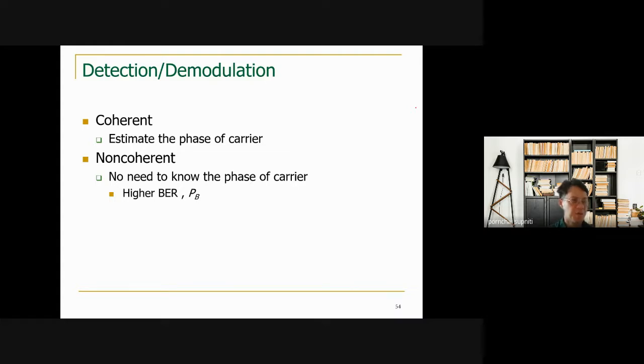They all have very large constellations in order to accommodate such high data rate services. But ASK, FSK and BPSK are often used in very low data rate applications, where you don't need such a high data rate.